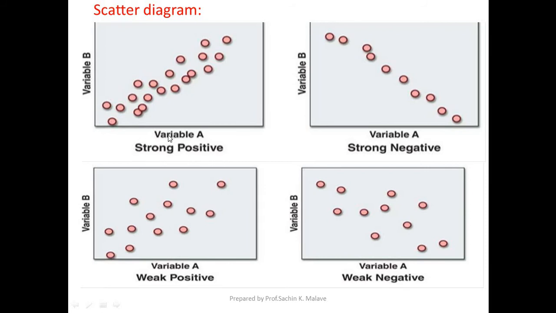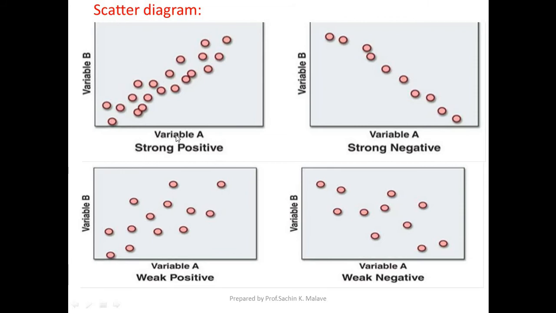You can see it is a strong positive because all the points shown here are very close to one another. That's why there is a strong correlation. So it is a strong as well as positive relation because an increase in x gives an increase in y, and the points are close to one another also.